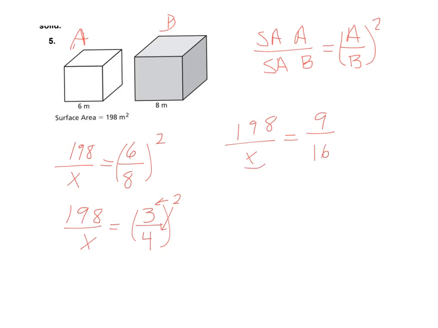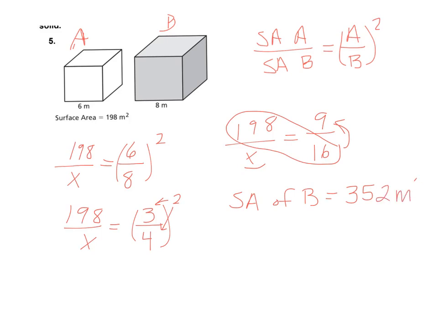Now, we're going to cross multiply and then divide by 9. And that'll tell us the surface area of B. So I've got 198 times 16, 3,168. And then I'm going to divide that by 9 to give me a surface area of B equal to 352 meters squared, because it is an area.